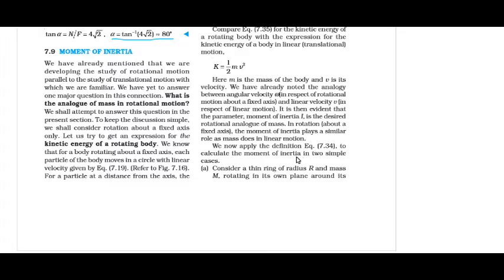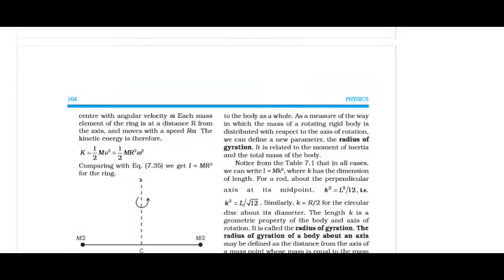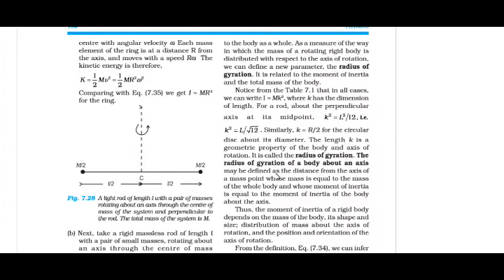We now apply the definition, equation 7.34, to calculate the moment of inertia in two simple cases. Consider a thin ring of radius r and mass m rotating about its own axis through its center with angular velocity omega.